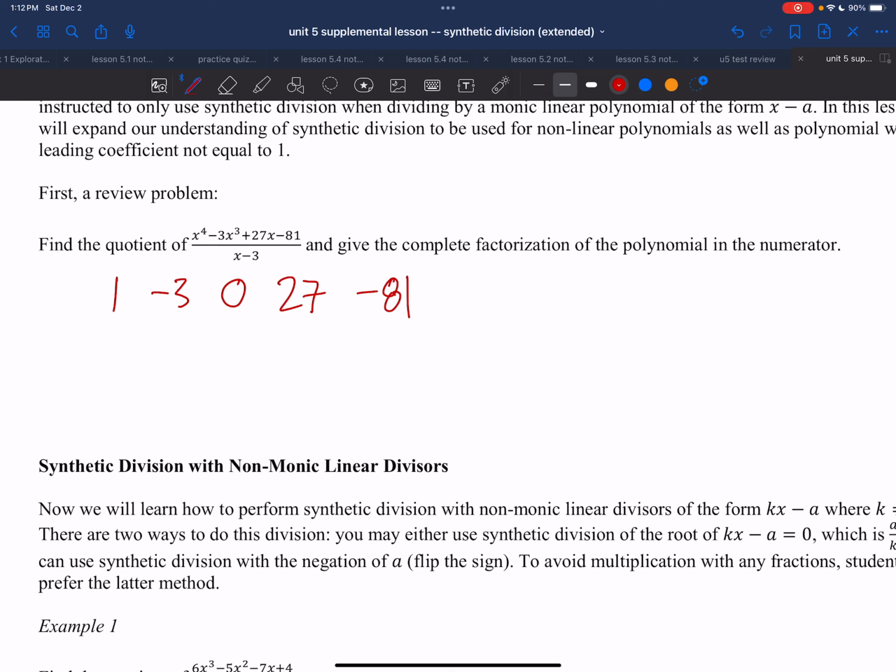And then typically, at least the way I've been taught, is to put the root of the denominator into a box. Meaning, if you look at x minus 3, set that equal to 0, the root of that is 3, right? So x equals 3 is the root I'm testing. When I extend synthetic division, I'm going to stop using this box.